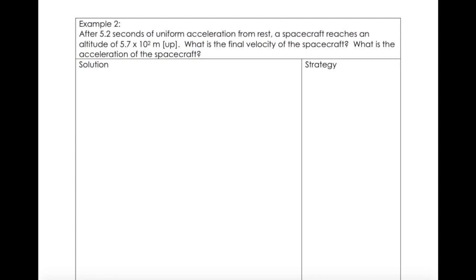So first, let's just take care of finding the final velocity of the spacecraft, okay? So first, let's draw a diagram as part of our strategy. So we have a spaceship, my lovely spaceship, okay, and it's going to take off.